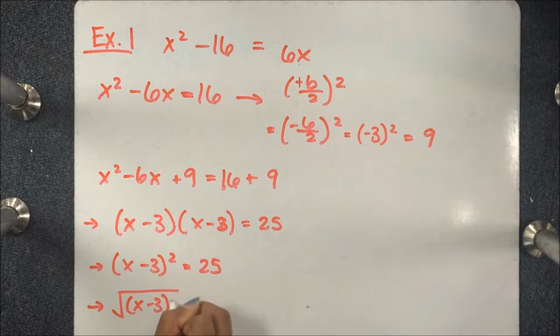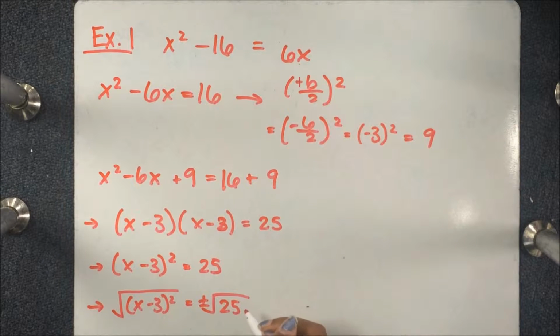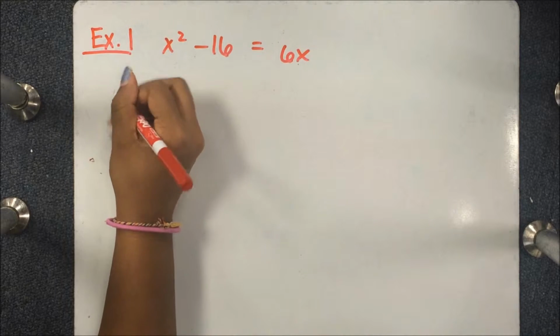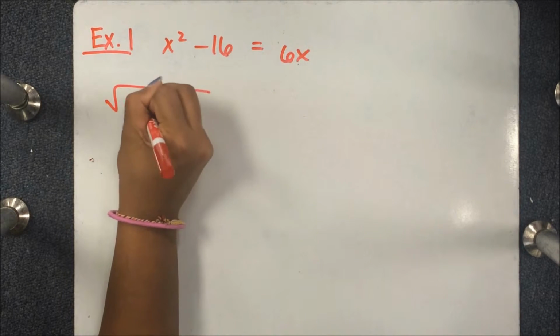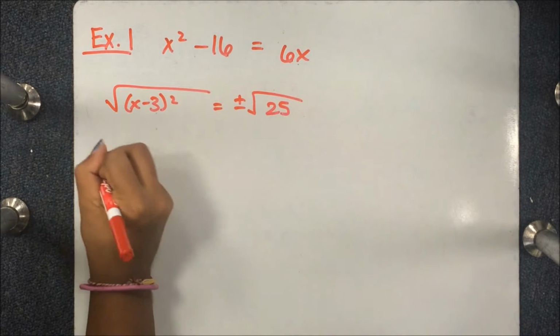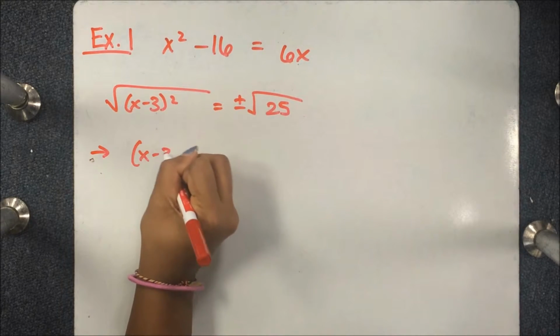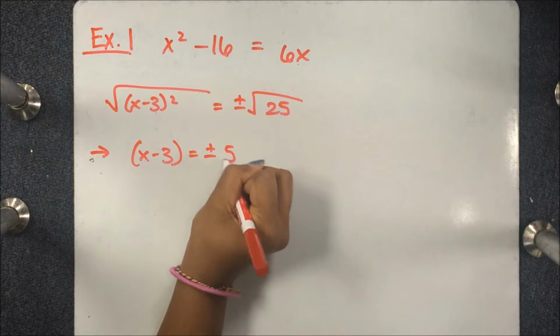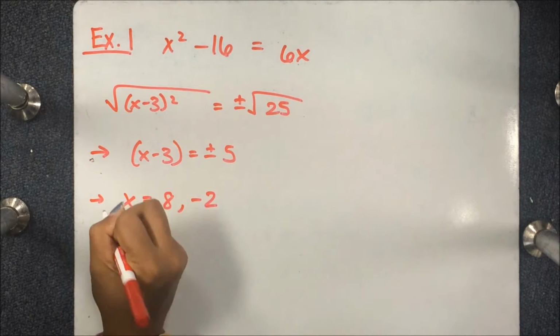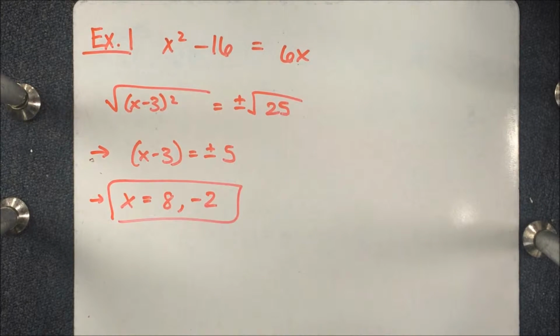Take the square root of both sides to get x minus 3 equals plus or minus 5. Add 3 to get x equals 8 and negative 2.